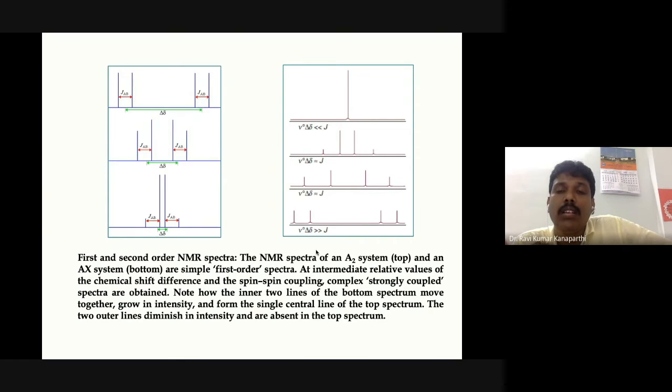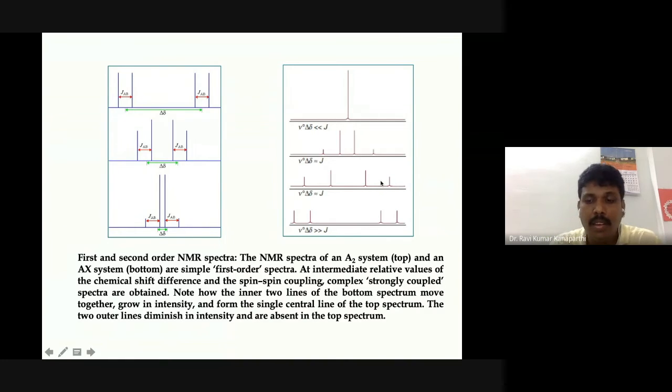The AX system is always a first order spectrum. AB is not; AB is of this type of spectrum. It is not a first order spectrum, but to some extent you can say this is also a first order spectrum.